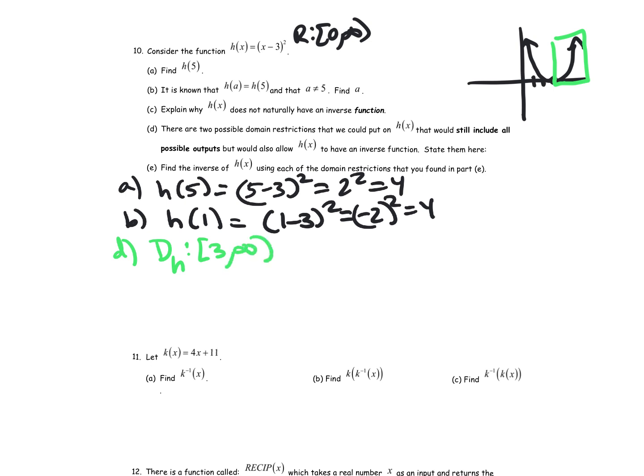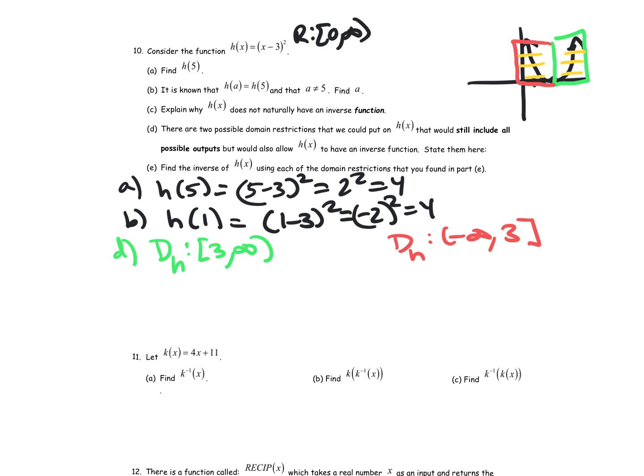The other way is to restrict it to negative infinity to 3. Those are the two options I have. Again, I want to make it invertible, and both these sections would pass the horizontal line test. I also want to include all possible y values, in this case 0 to infinity. So that was really the only two possibilities.